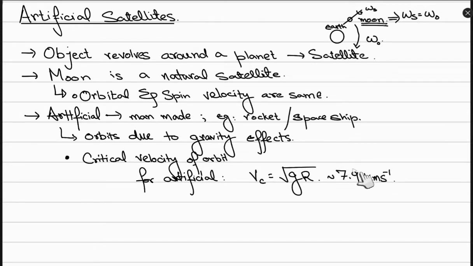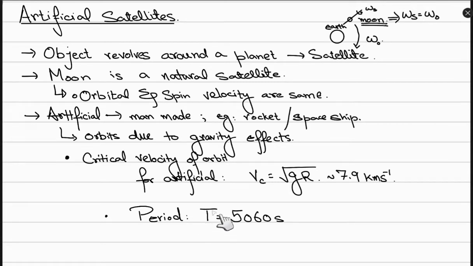So what does this mean? This means that if you want your artificial satellite to be in a stable Earth orbit, then it has to be moving with a translational velocity of at least 7.9 kilometers per second. So it has to maintain this velocity to orbit the Earth. Any velocity that is lower or higher would pull it out of the orbit.